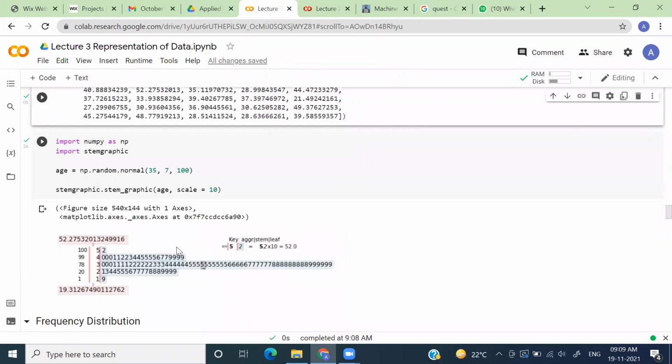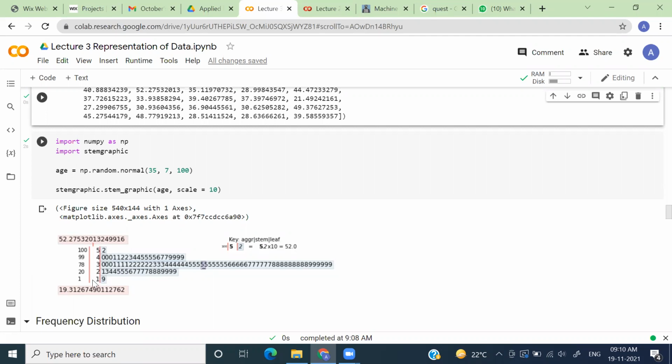So there are two parts of this diagram. One is called your stem part. This 5, 4, 3, 2, 1 you are seeing, which is just the left hand side of this vertical line, is your stem part, and whatever is on the right hand side of this vertical line is the leaf part. Okay, so how to read this diagram: let's start from the bottom part. There is one person whose age is 19.